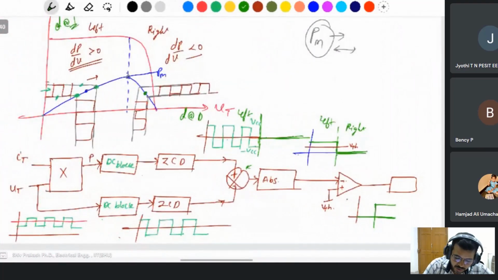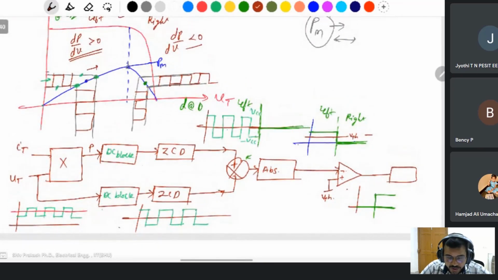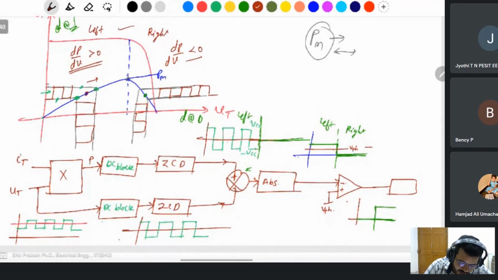So it looks at both this figure and this figure, right and left. The comparator is used to shift this because of the buck boost converter. Suppose you are on the left-hand side of the MPPT; it means you need to go to the upper side of this.